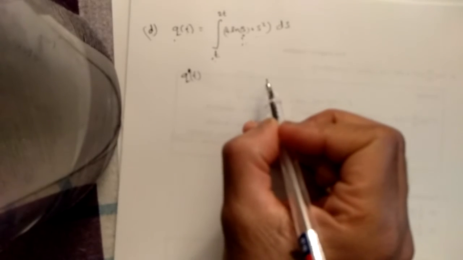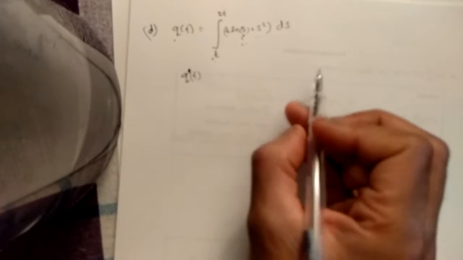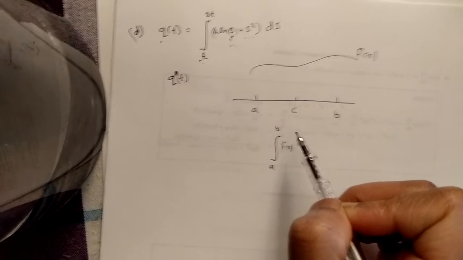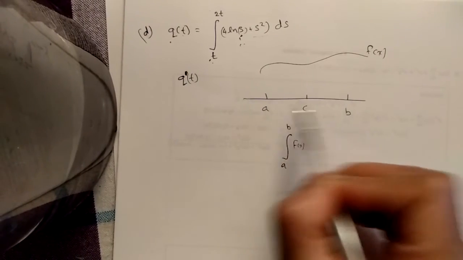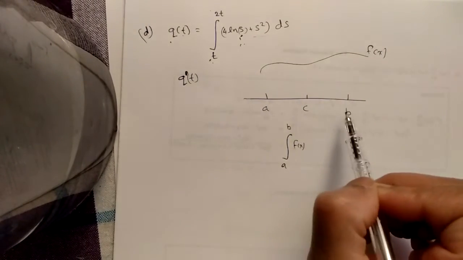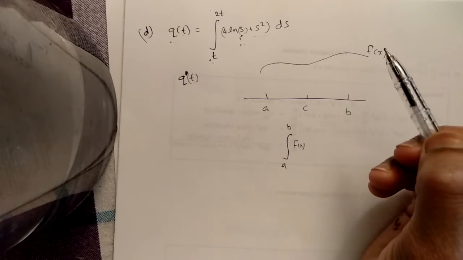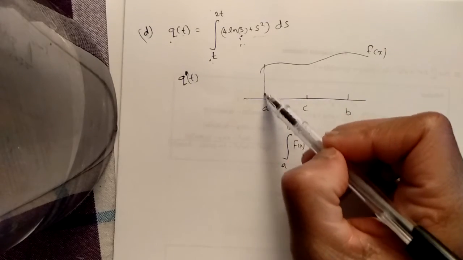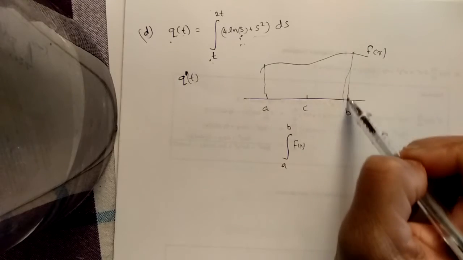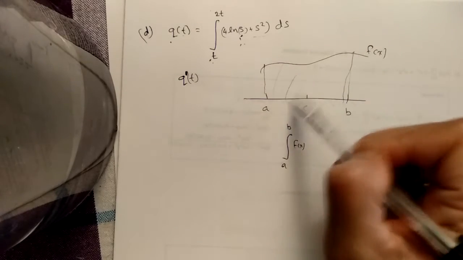Okay, now for that let me explain to you some basic result in integration. Now say if we have a function like this, the integral of this function within these 2 points. So basically what do we mean by an integral? That means the area under this curve in between these 2 points, right?